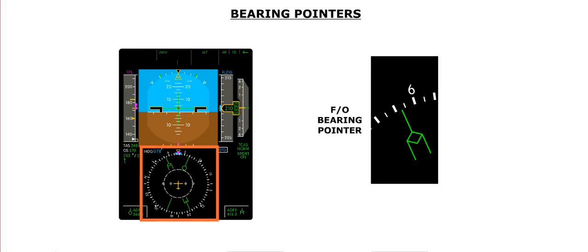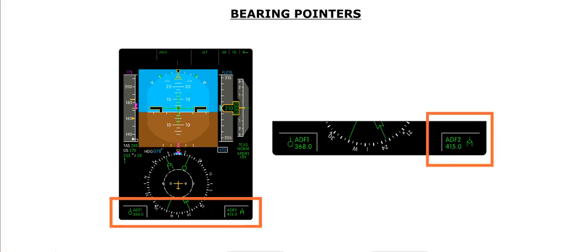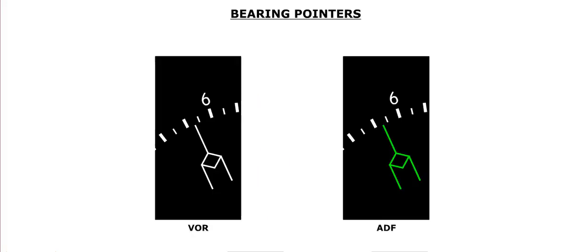The first officer's pointer is a double line, with a diamond in one end. The reminder for that pointer is in the bottom, right-hand side of the PFD. The color of the pointers depends on the navigation source. A pointer is white if the navigation source is the VOR, or green if it is the ADF.